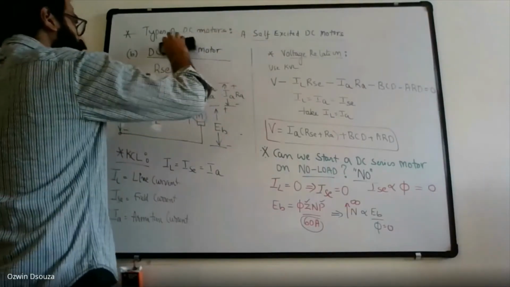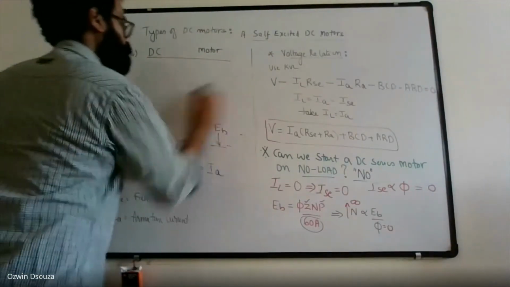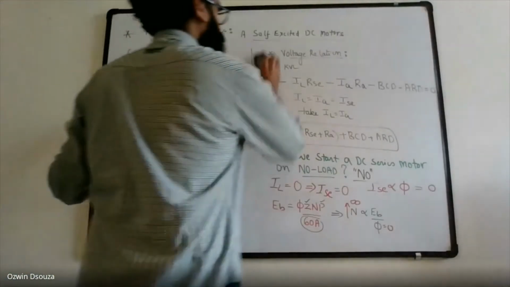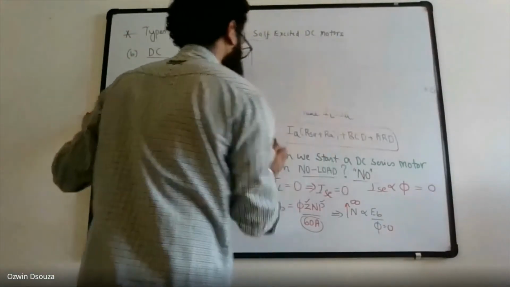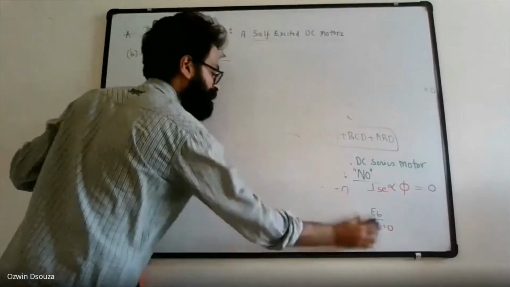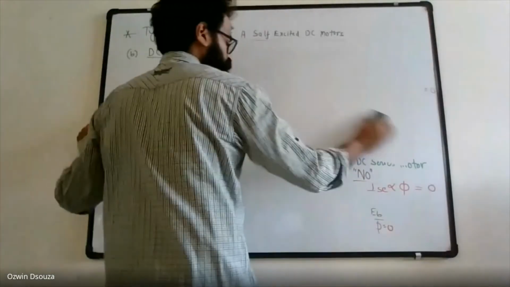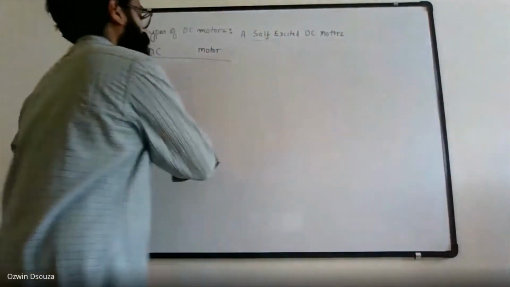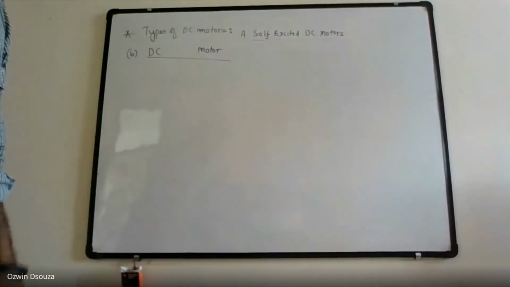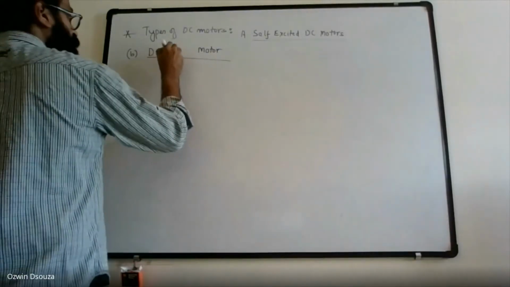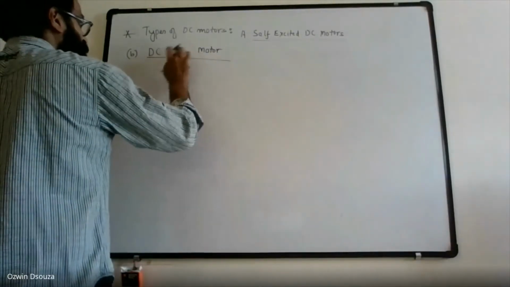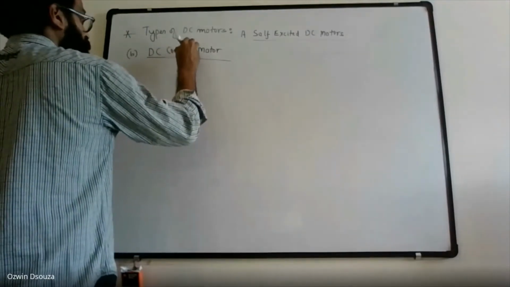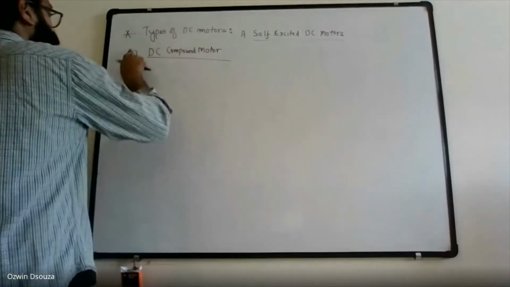Next, let us go for shunt motors. Okay. What we will do in shunt motors, we will side by side write compound motor. Okay, that is short shunt and long shunt. So DC shunt motor. Sorry, DC compound.